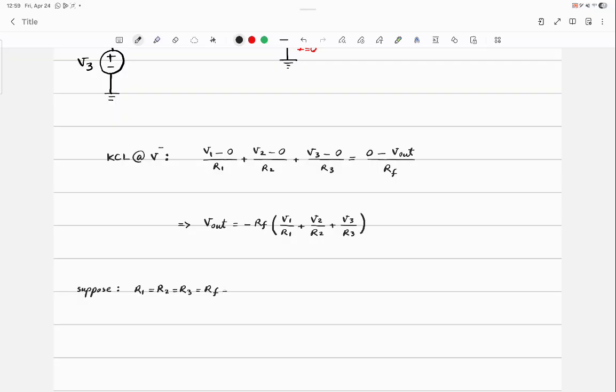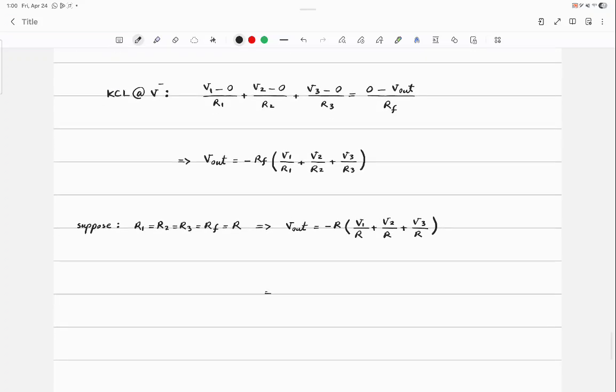And let's give all of them a common name of R. So V out is equal to negative R times (V1 over R plus V2 over R plus V3 over R). So V out is equal to negative (V1 plus V2 plus V3).